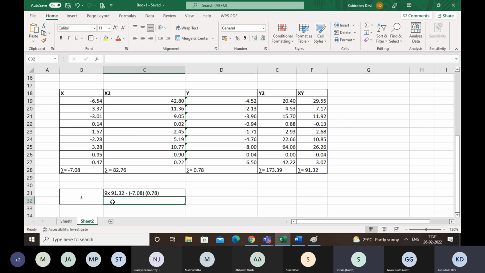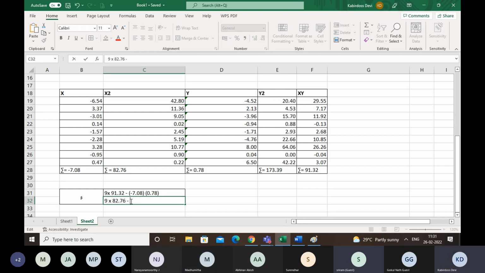So what is the first item in the denominator? Again I have to put n into summation of x square, which is 82.76. Yes.